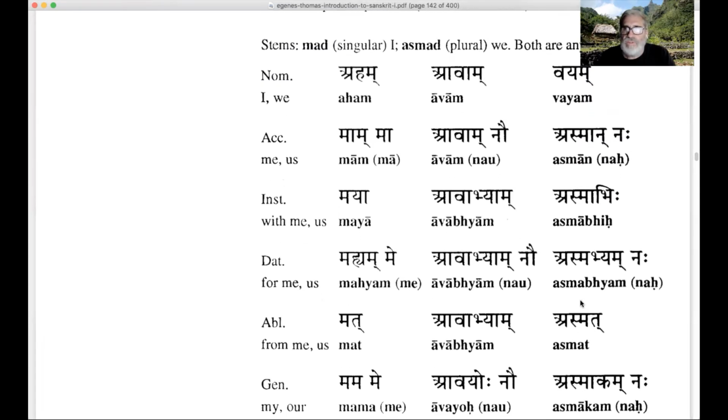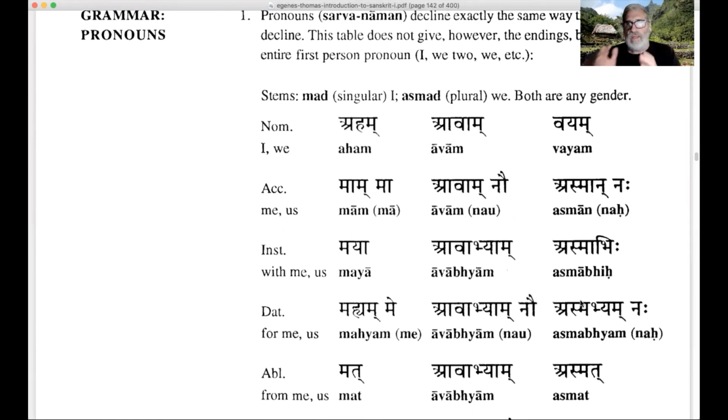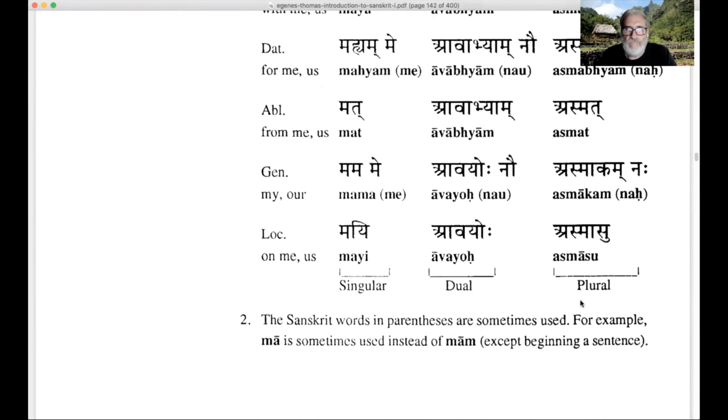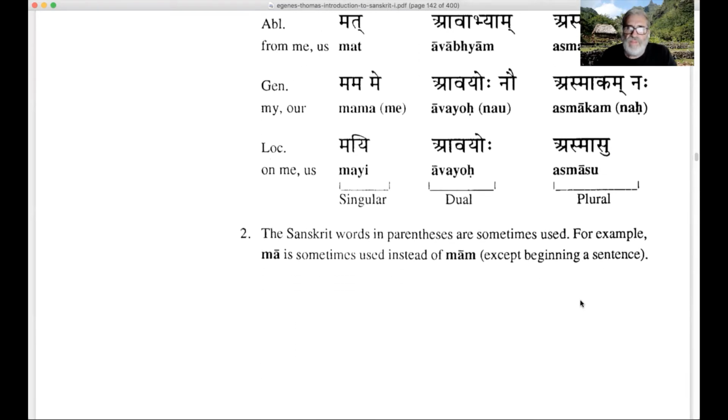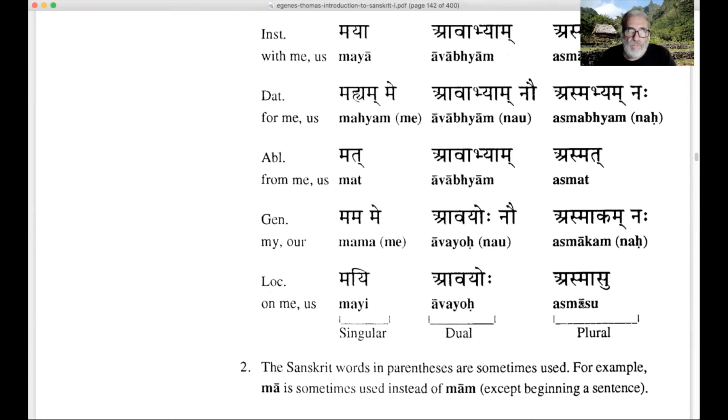These alternate forms are used when we need a shorter version to keep to the number of syllables in a sloka, not going over the number of syllables required in a line or in a half verse, or the second time that we use these words. And I think he'll probably say something about that. The Sanskrit words in parentheses are sometimes used. For example, ma, let's have a look at ma.